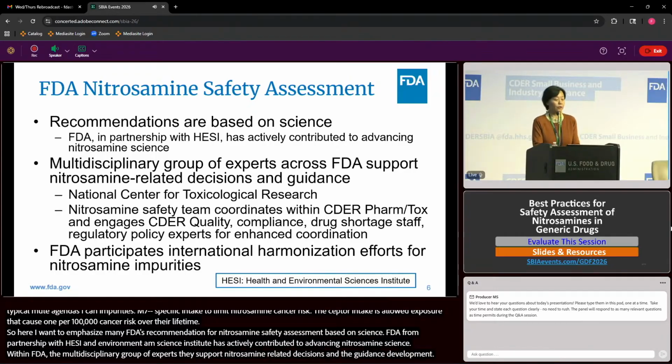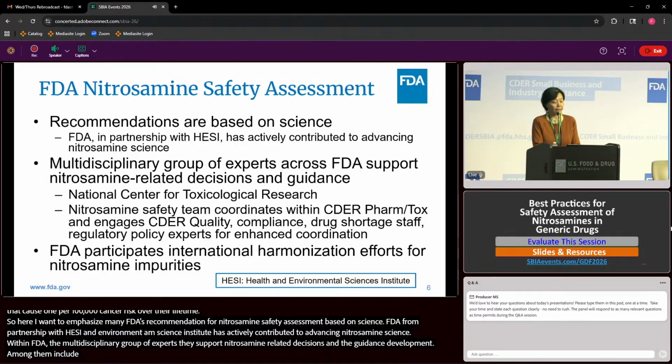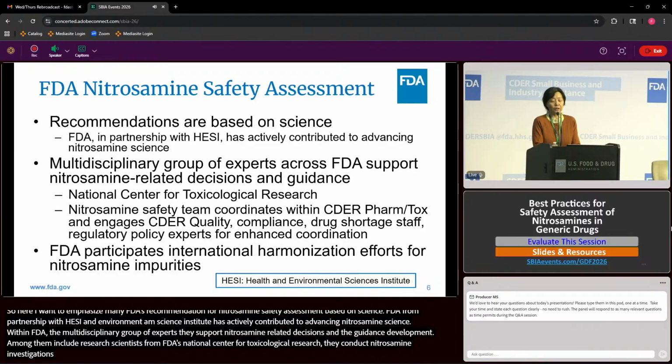Among them are research scientists from FDA's National Center for Toxicological Research. They conduct investigations on mutagenicity, as well as metabolic activation of complex nitrosamines. Their research and findings support and guide regulatory decisions and guidance development.